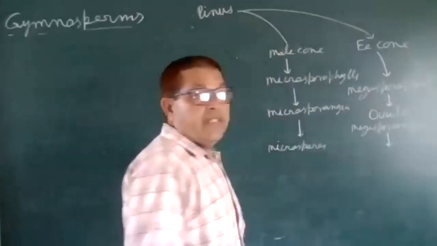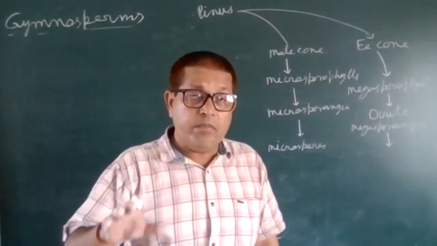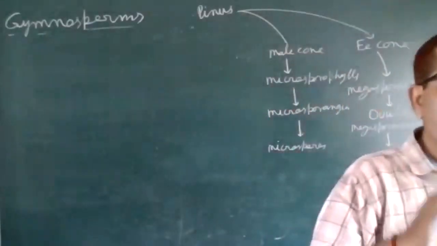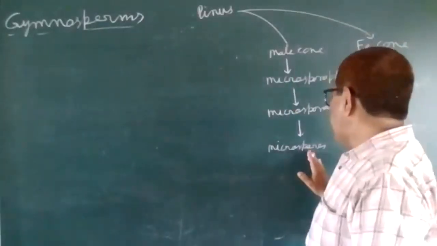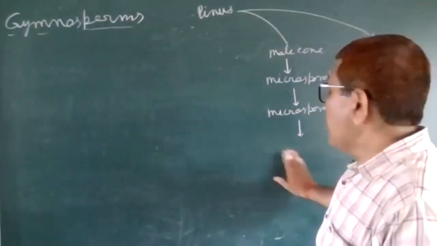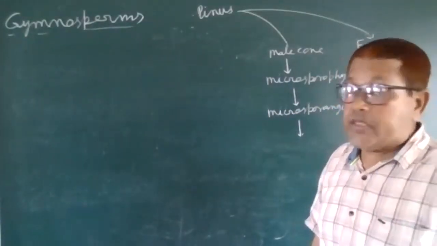These cells have spore mother cells: the microspore mother cell and the megaspore mother cell. Microspores are produced by meiosis cell division in the microspore mother cell.